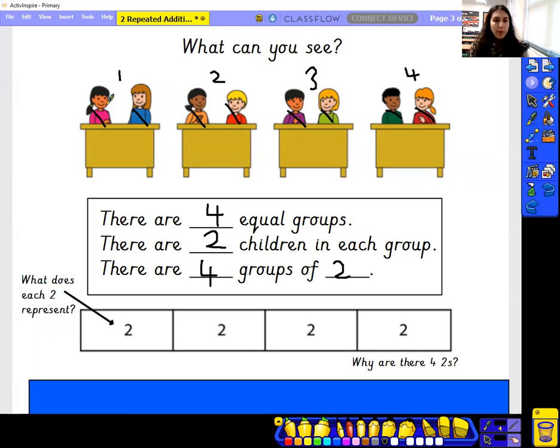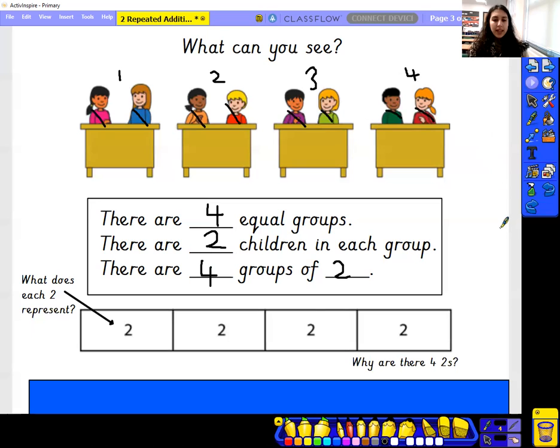That's right, well done. It represents the 2 children in that group. Why do I have 4 2s? Well done, I've got 4 2s because I've got 4 groups.